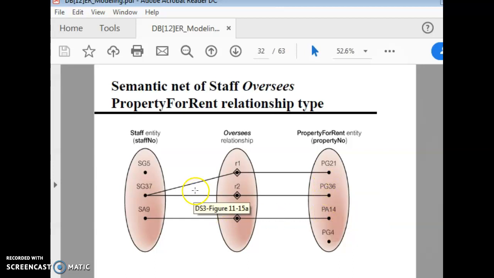We see that staff number SG37 oversees PG21 and PG36 and staff number SA9 oversees property number PA14.